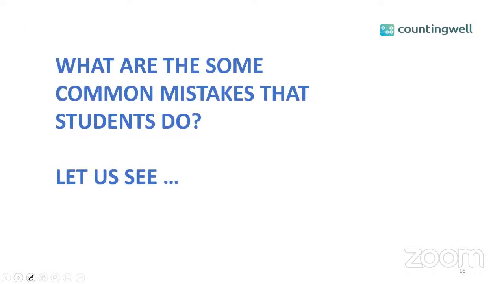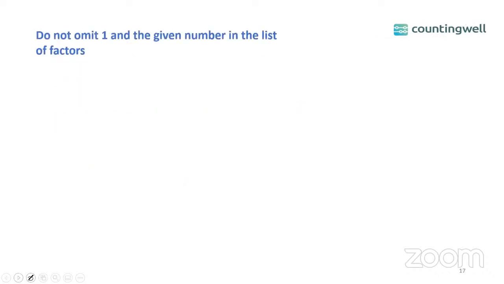Now let us see some common mistakes that students make. The first common mistake is children omitting 1 and the given number in the list of factors. Now, what are the factors of 6?